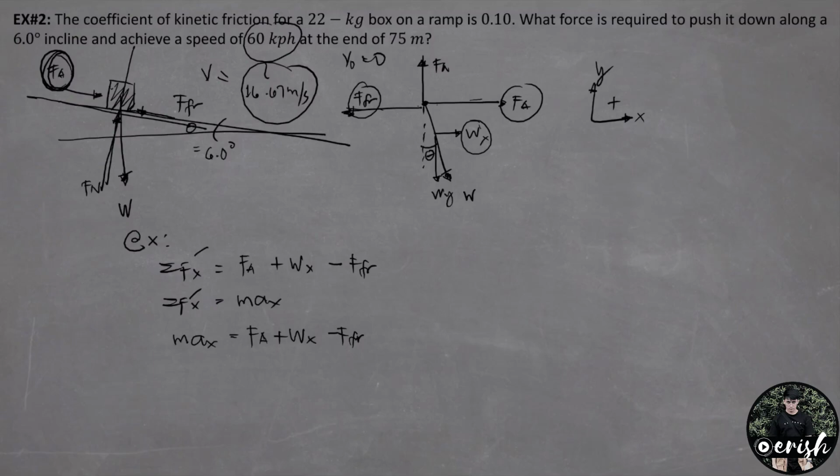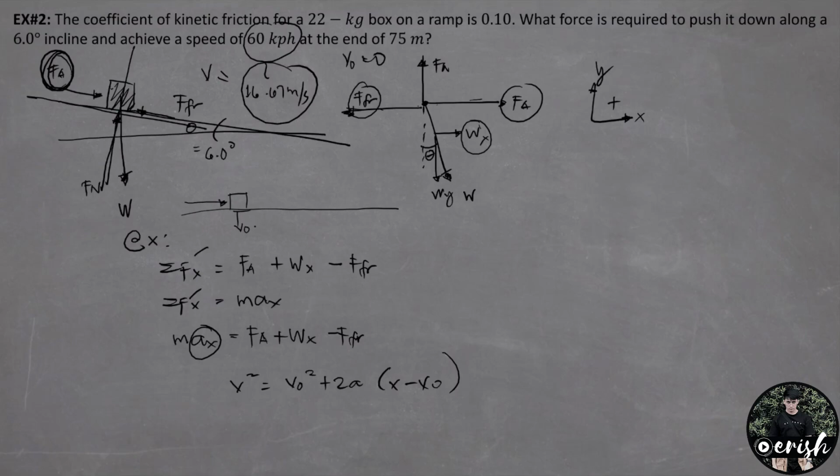from kinematics. To solve for the acceleration at x using kinematics equation, we have v square equals v sub o square plus 2a times x minus x sub o. Again, say for example, eto yung box, tinulak siya dito, nagkaroon ng force applied dyan.